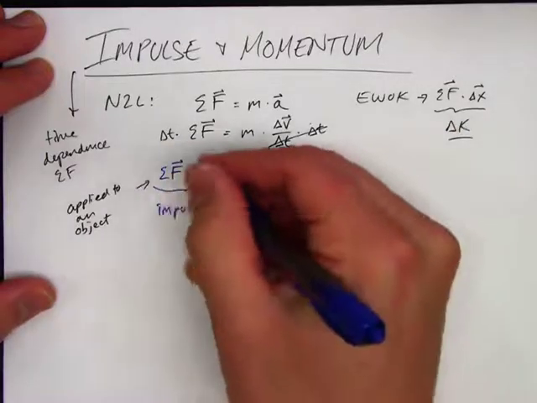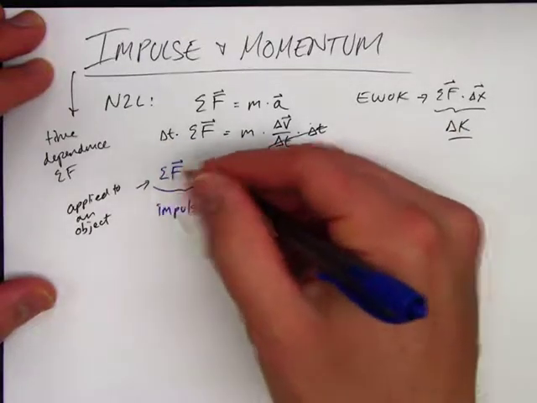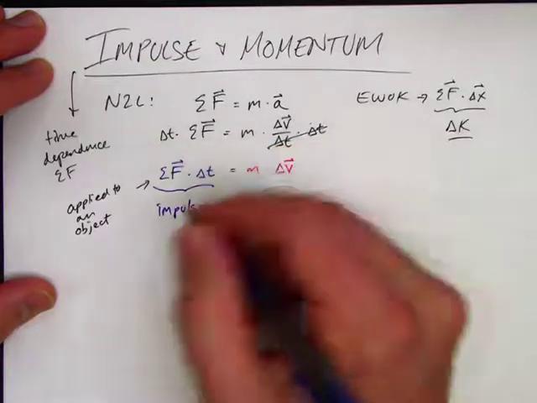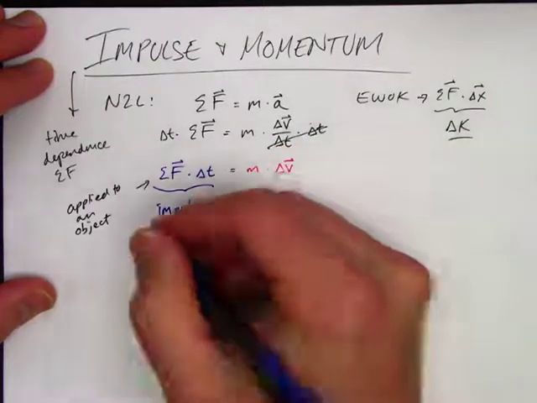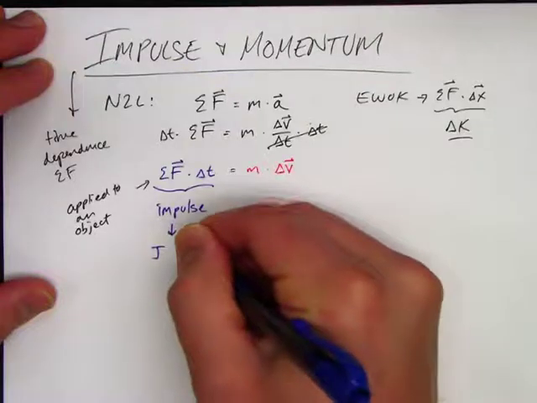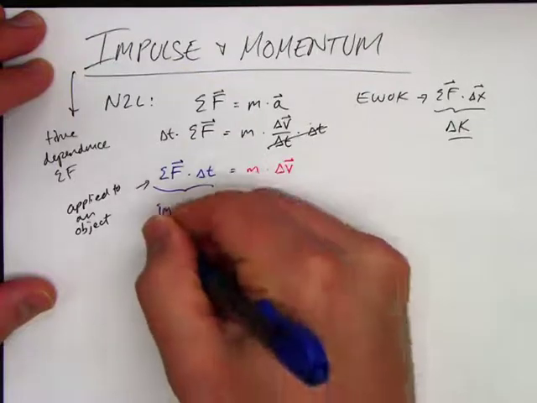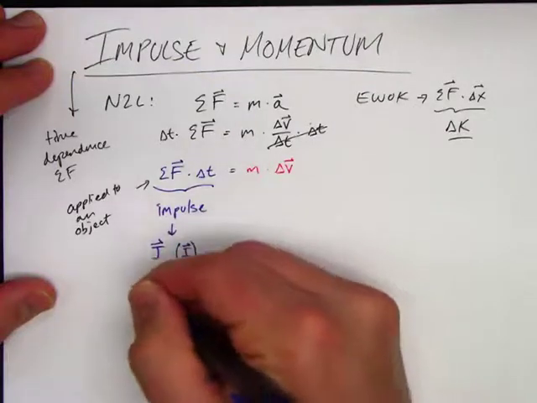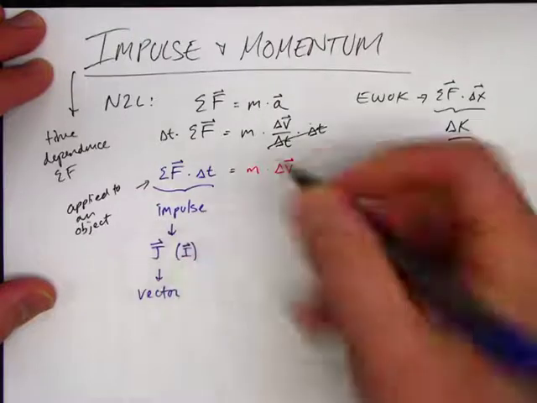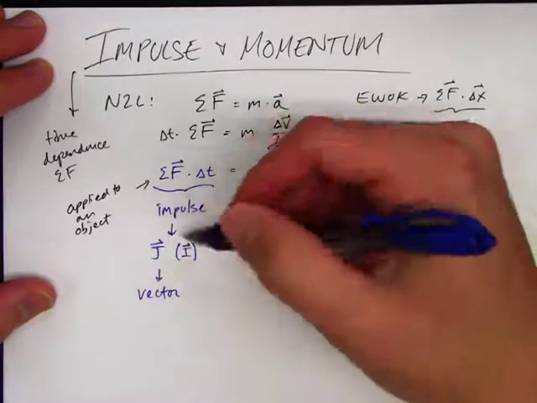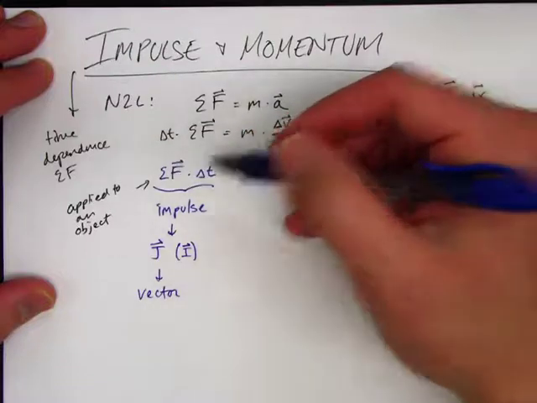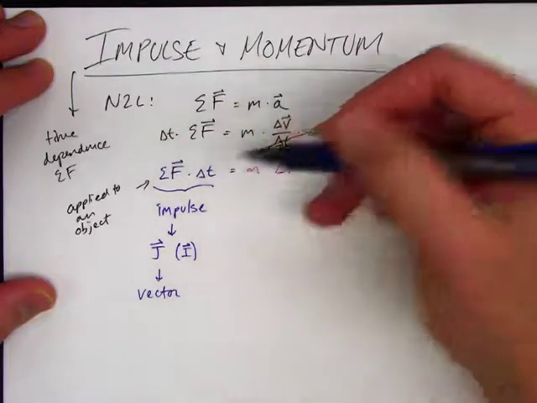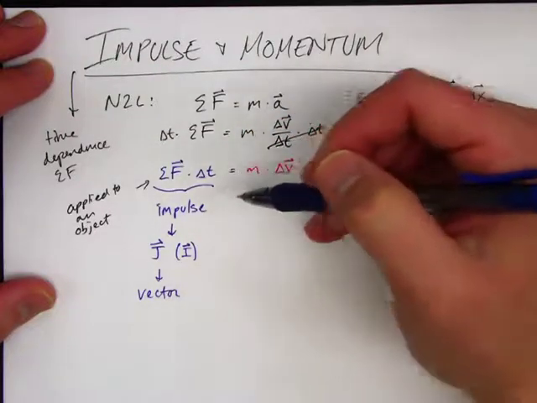Since it's a vector quantity, net force, times a scalar quantity, time, impulse, which is designated as a capital J, sometimes capital I, but more often capital J, is a vector quantity. So the impulse J exerted on an object is the net force on that object, with direction accounted for, times the amount of time over which that force is exerted.